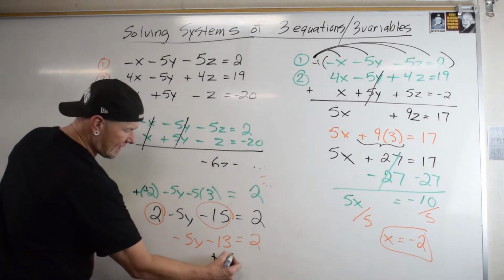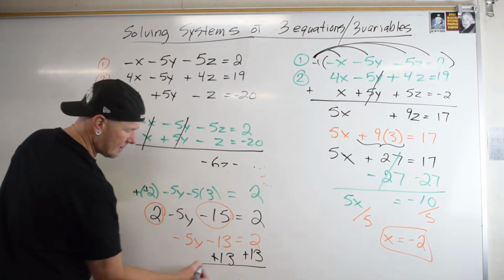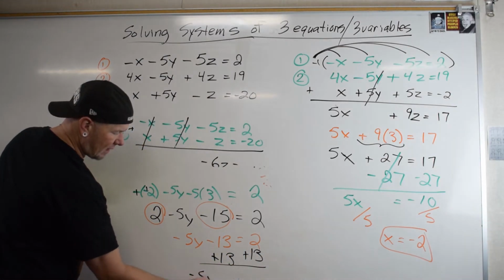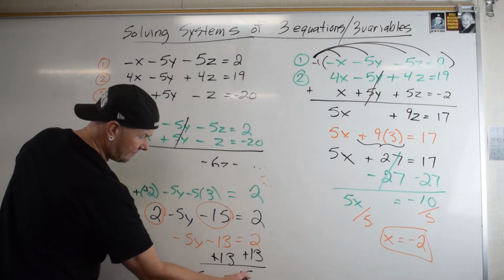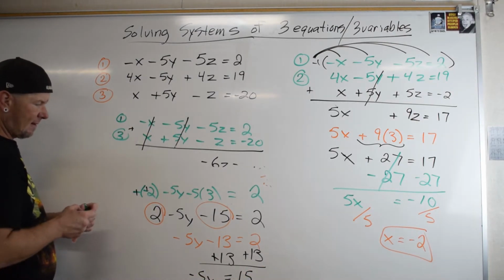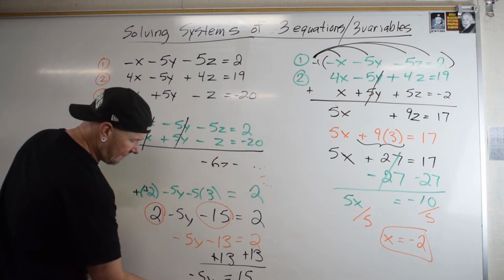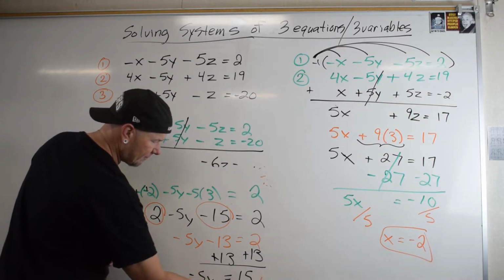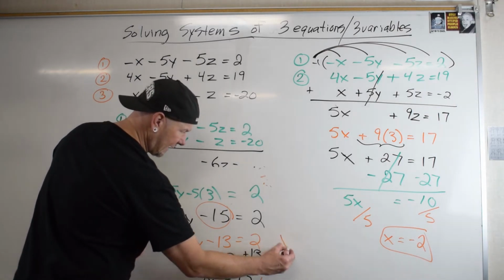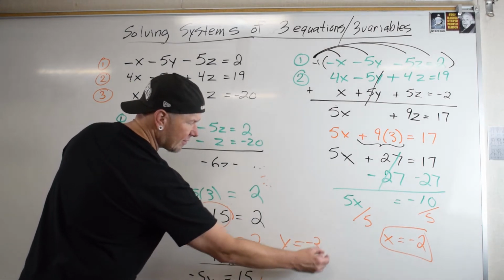Add 13 to both sides. You get negative 5y equals 15. Divide by negative 5. And you find out that y is negative 3.